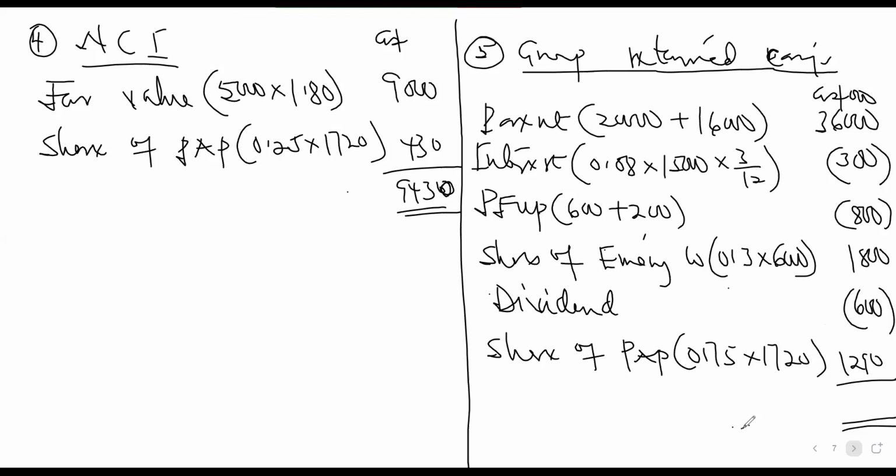The group retained earnings is how much? Okay, I am getting 37,390, but maybe somebody can cross check. 37,390.